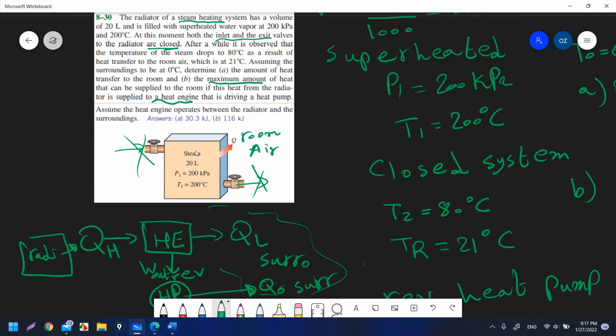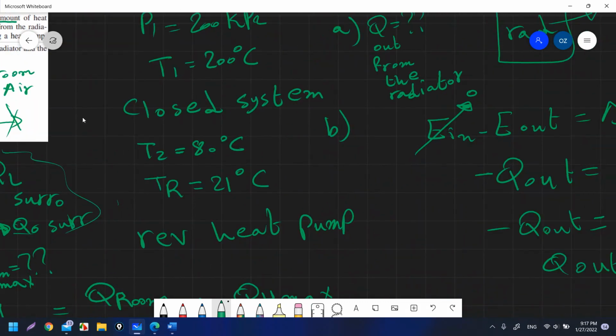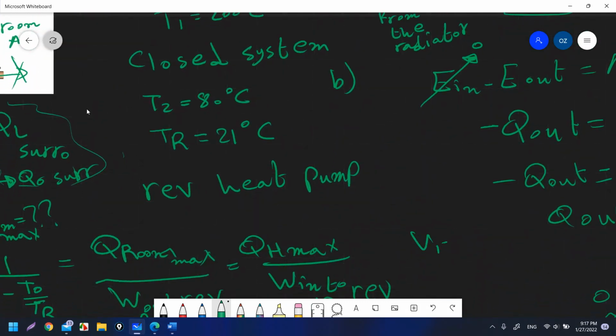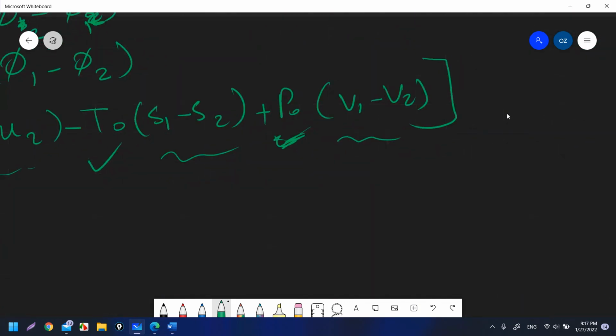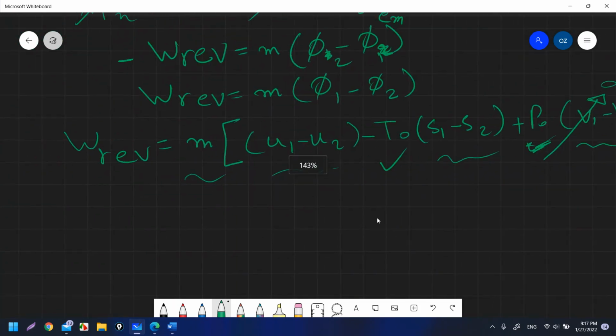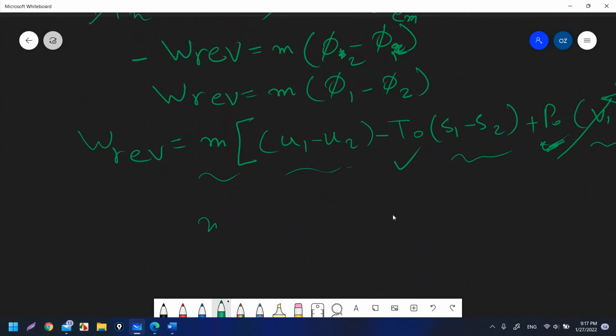So V1 is already equal to V2. There is nothing changed. So this last term will be cancelled. So I don't need to find P naught or V1 minus V2. I need only to find the mass.